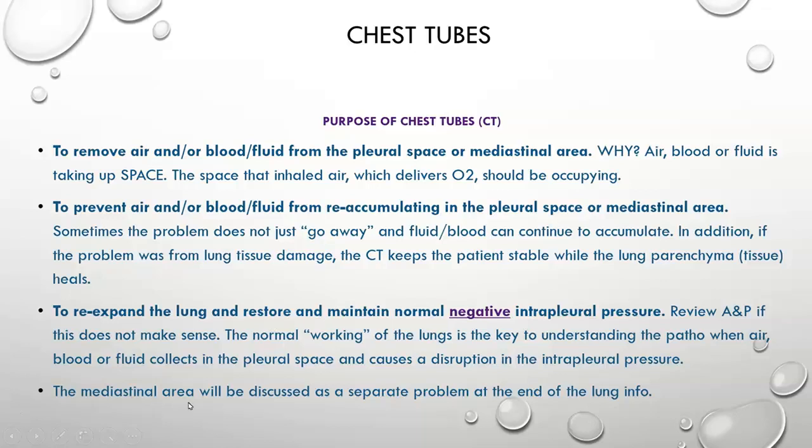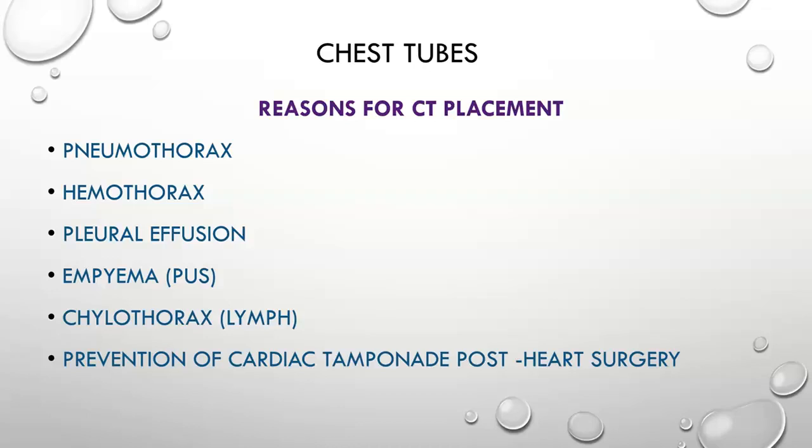Now, the mediastinal area, as I stated, is a separate space from the right and the left lung, and so part of it is a little bit different. We're going to talk about that at the very end of this presentation. For right now, let's just talk about why chest tubes are placed in the lung spaces, either right or left.